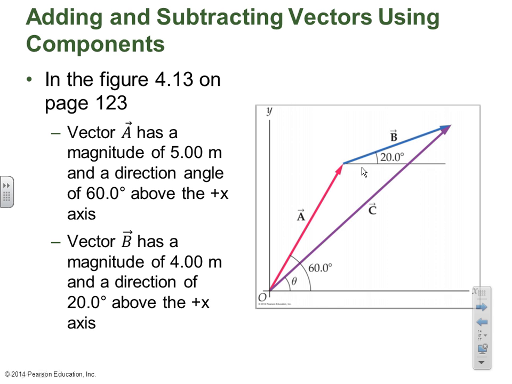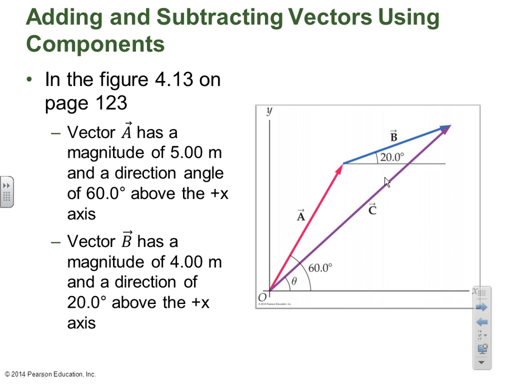If you're drawing this by hand, is it going to be 20 degrees if you're just sketching the picture? No. It might be pretty tough to make that happen, right? And it also says that A is 5 meters and B is 4 meters. Maybe I'm just being picky here, but it doesn't look to me that B is 4/5 of A. It looks like it's shorter than that to me.